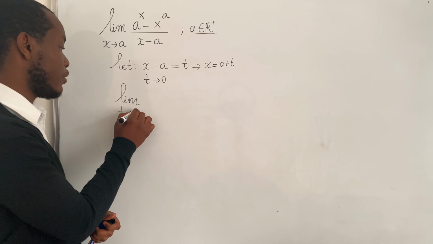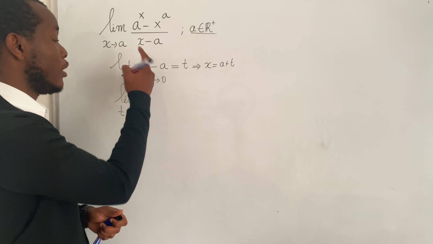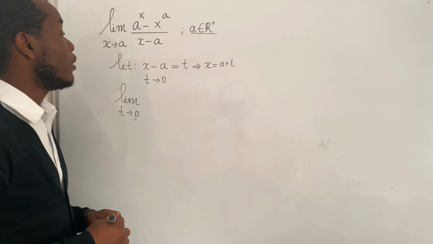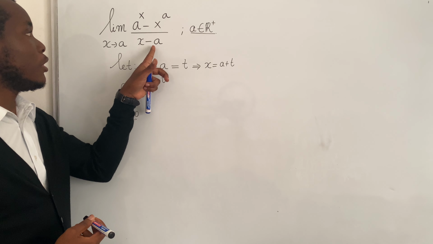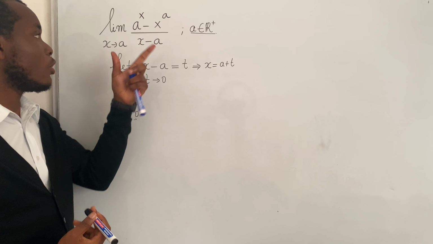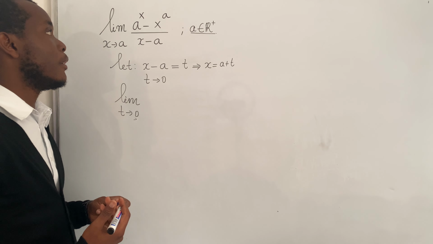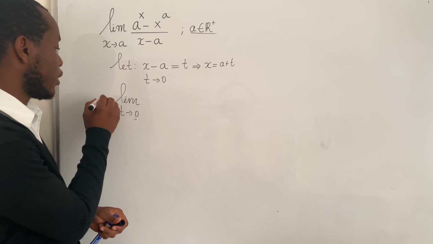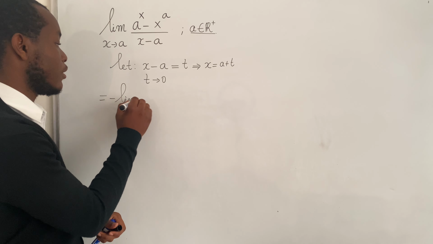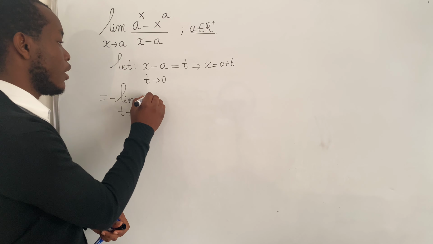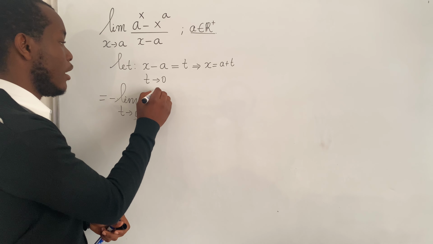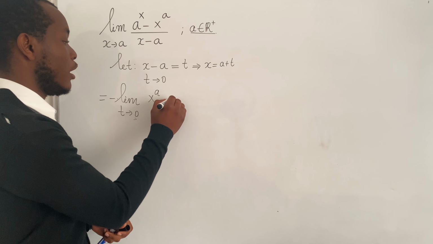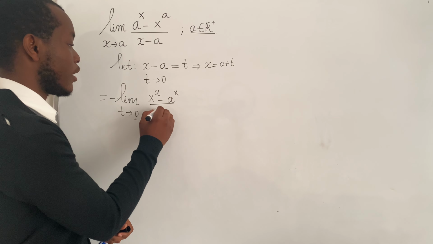we're going to have t approaches 0. Since in the denominator we have x minus a, we can also factorize the numerator with a negative, so we have x^a minus a^x over x minus a.